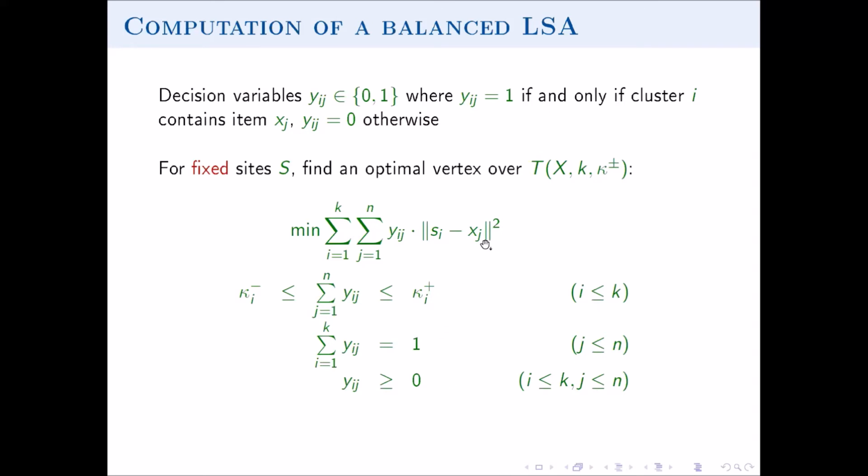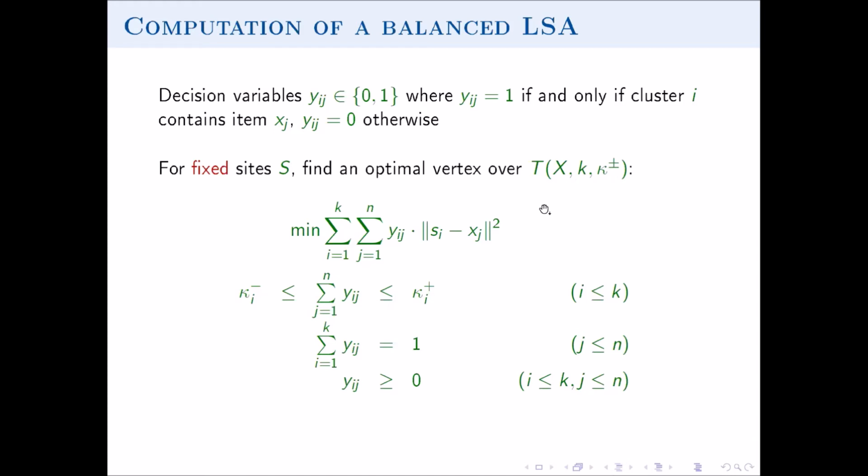And this is actually an LP, because for fixed sites S and the fixed data set that we're given, this is just a number. So this is a linear expression. So if sites are fixed, this is quite easy and nice to approach with linear programming, but we can do much better.